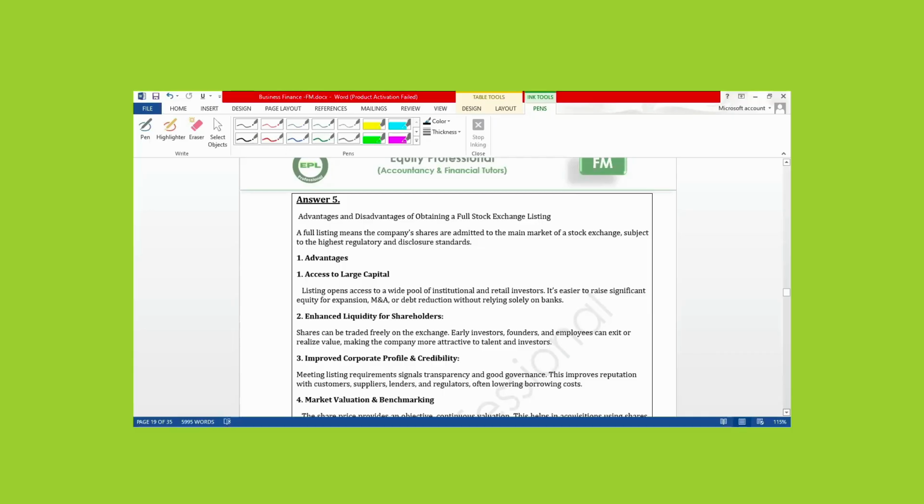What are the advantages? One, access to large capital. Listing opens access to a wider pool of institutional and retail investors. If your company is listed, you have access to a wide pool of funds. You can raise money easily.